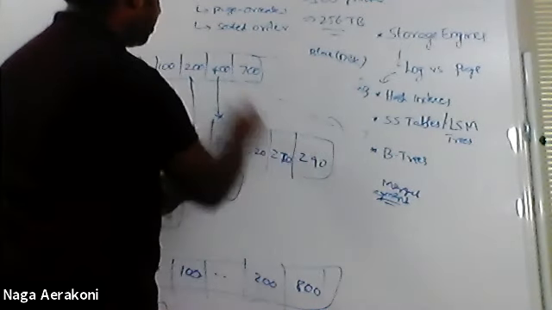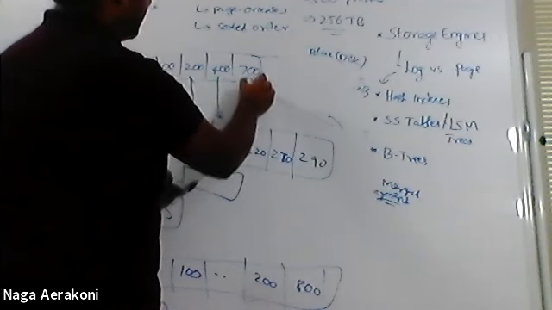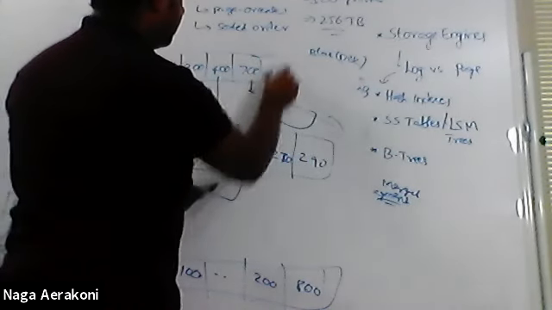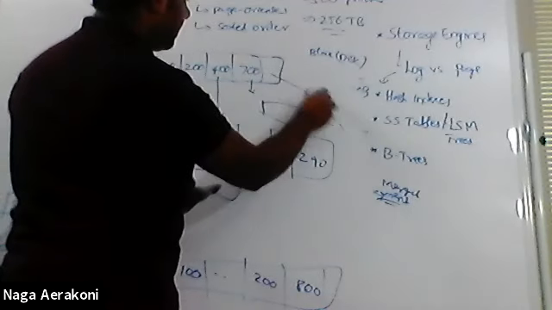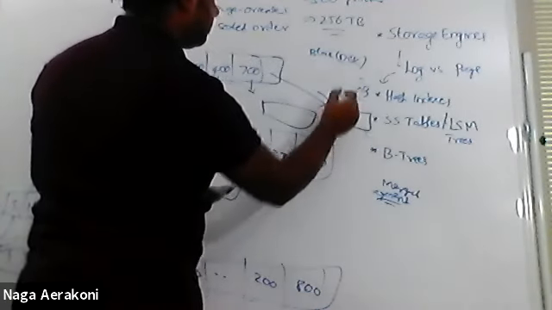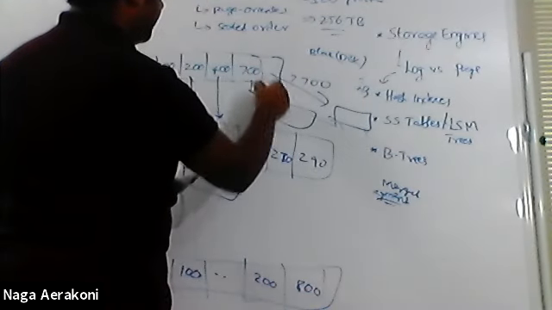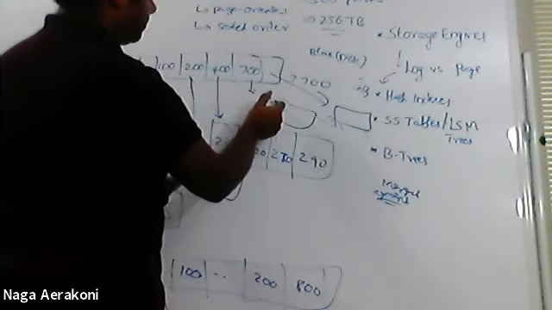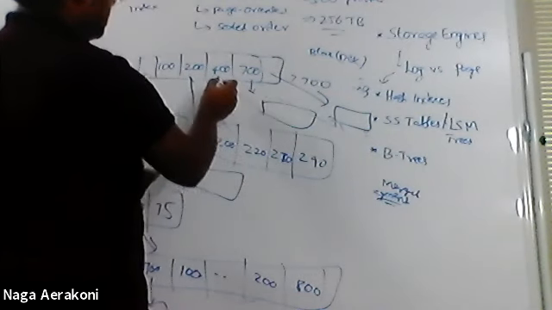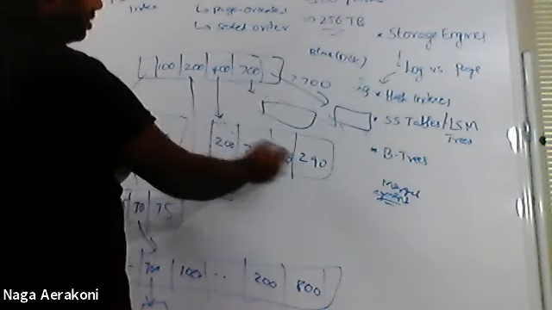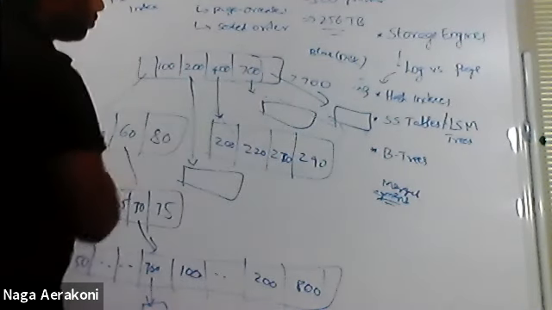So this will have keys up to 400, and the 700 left will have keys up to 700, and there will be another one which is greater than 700. This left-hand pointer will be less than 700. And this 400 left-side pointer will point to all the keys less than 400.